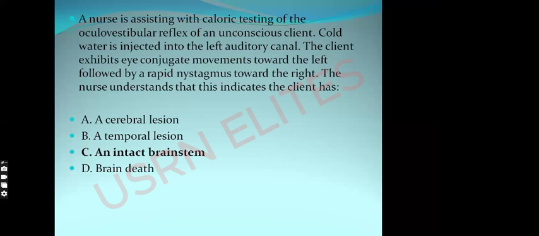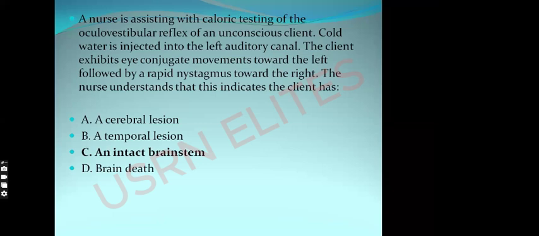What's your vestibule? Your ear. So eye and ear. So cold water is injected into the left auditory canal. The client exhibits eye conjugate movement towards the left, followed by a rapid nystagmus toward the right. The nurse understands that this indicates the client has what?